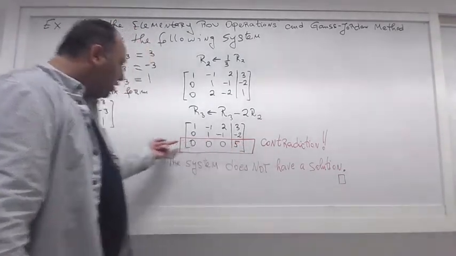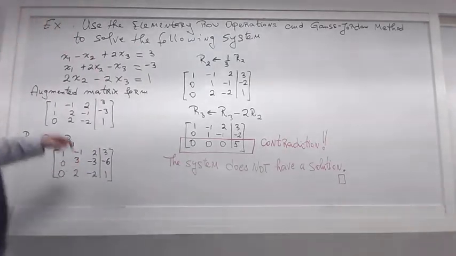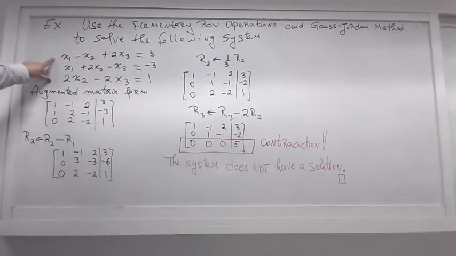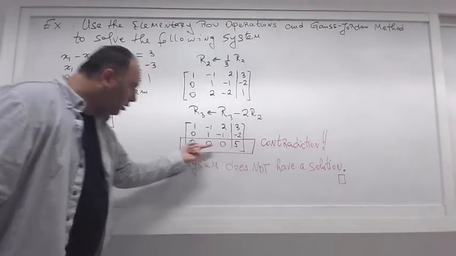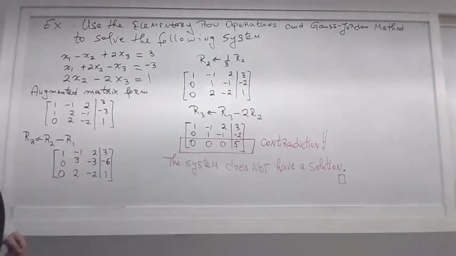So the last equation tells me that there's a problem in this system from day one. But we couldn't see it. But thanks to elementary row operations and the Gauss-Jordan method, now we know there's trouble in paradise. This system has at least one equation that is in contradiction with the others. What does that mean?